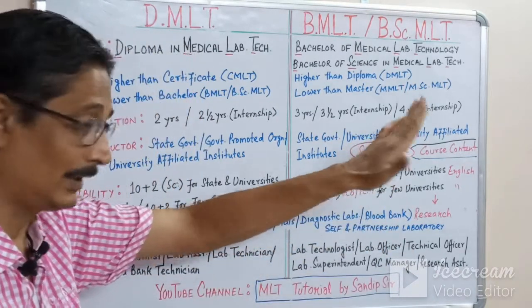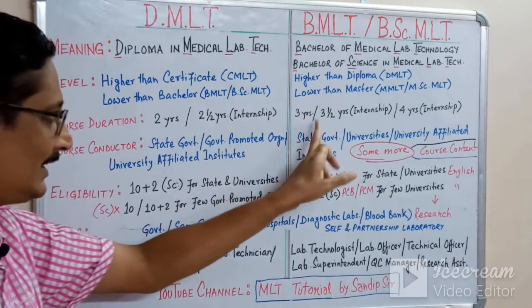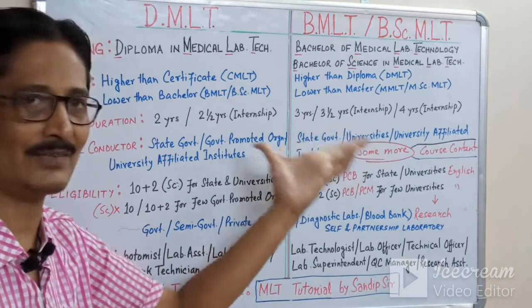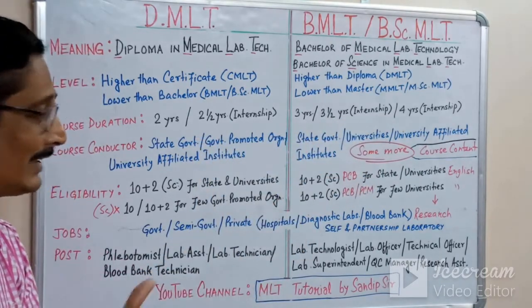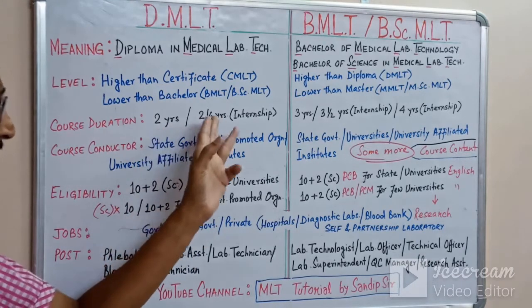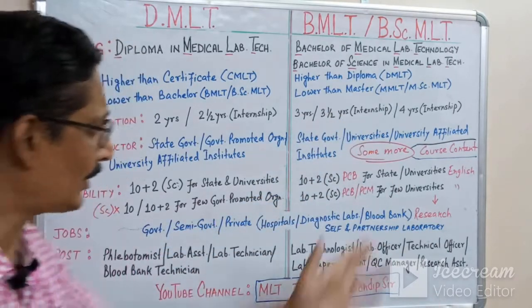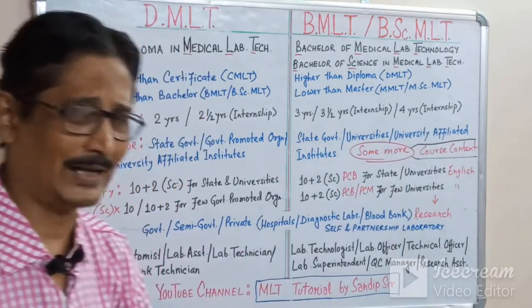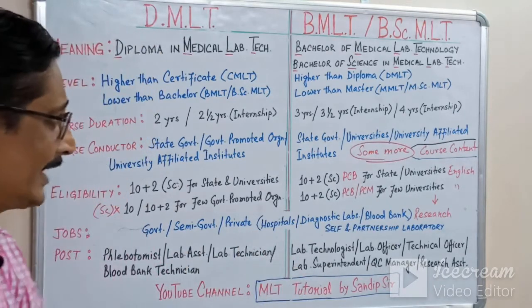But keep in mind that 2 years, 2.5 years, 3 years and 3.5 years are all valid in our Indian context. So you may go for whichever you like, because the 4 years degree courses cost much more, about 5 to 6 lakhs.